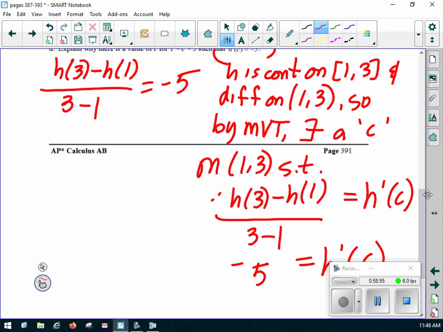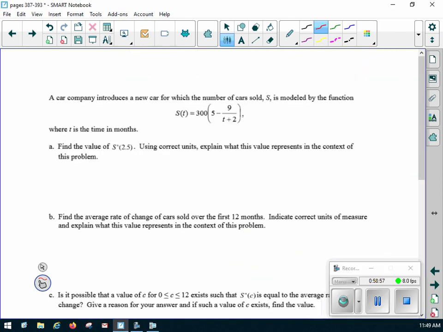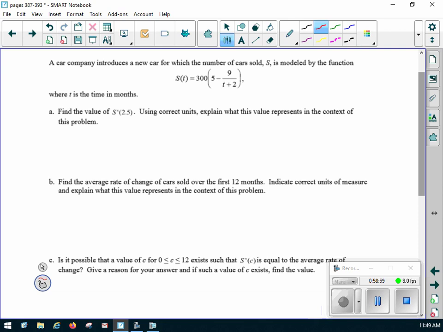Now let's go back to the second to the last one. A car company introduces a new car for which the number of cars sold, S, is modeled by that function, where T is time in months. Find the value of S prime of 2.5. How are we going to do that? We could do this two ways.